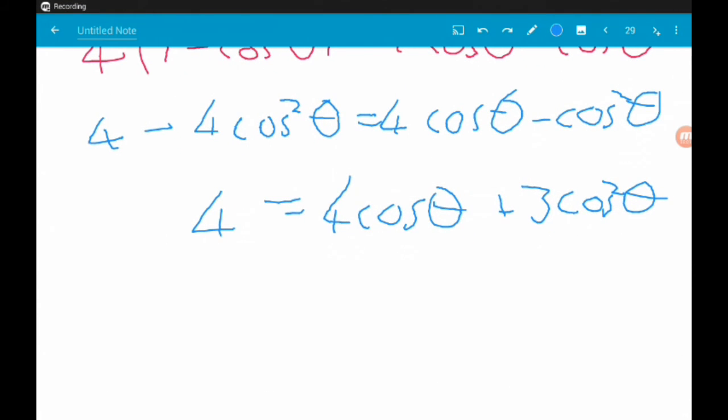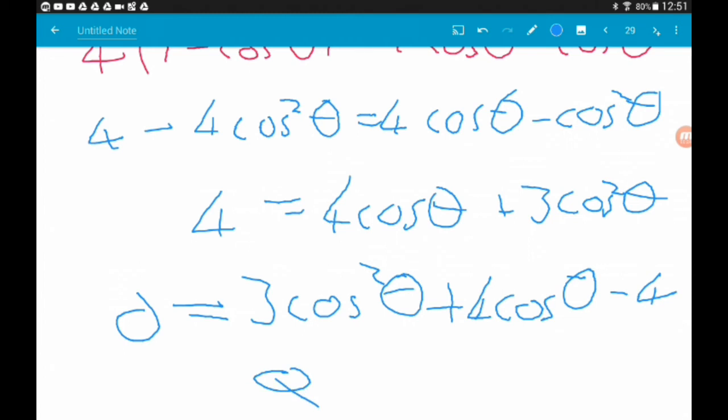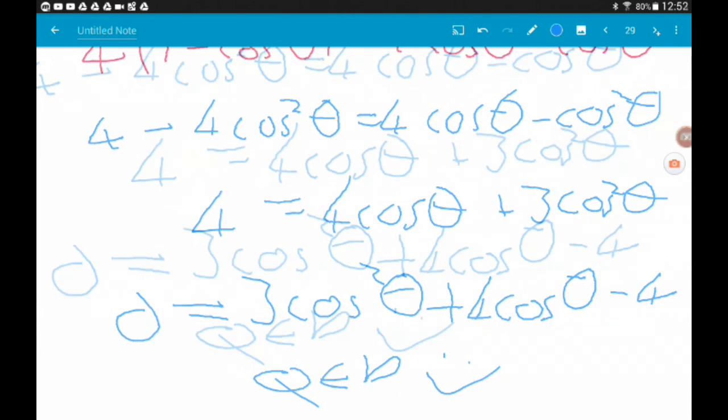So we get finally 0 is equal to 3 cos squared theta plus 4 cos theta minus 4, which is exactly what we were trying to prove. Marking QED and a smiley face. Good times.